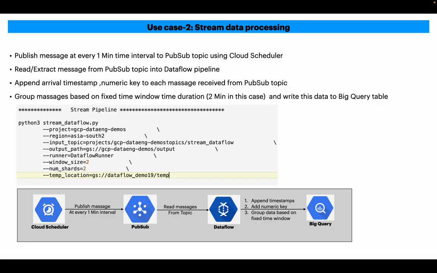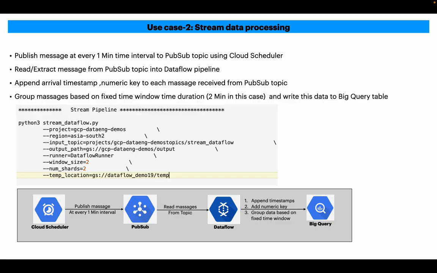The number of shards concept is like this. Because our data will be processed in a distributed manner, for example, let's say based on our workload there are 2 workers that have been spun up, and our workload has to be distributed across these 2 workers.